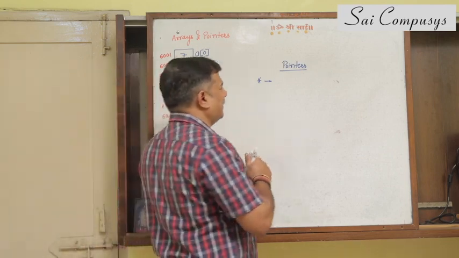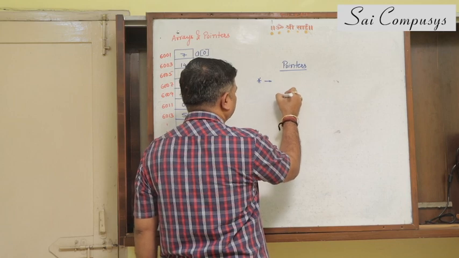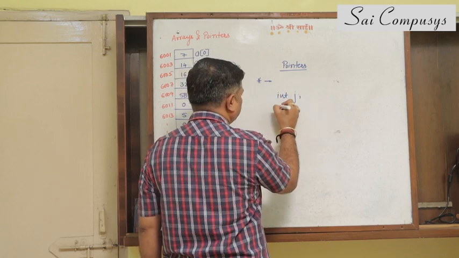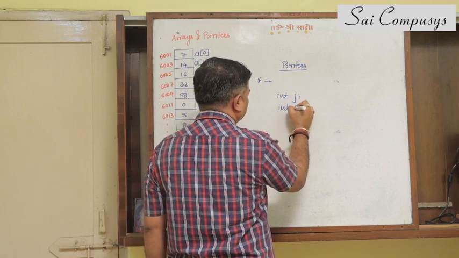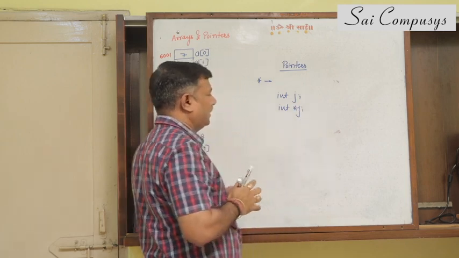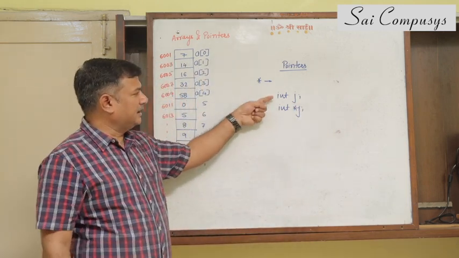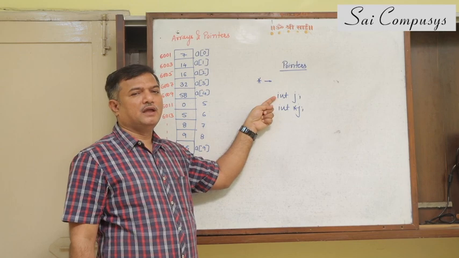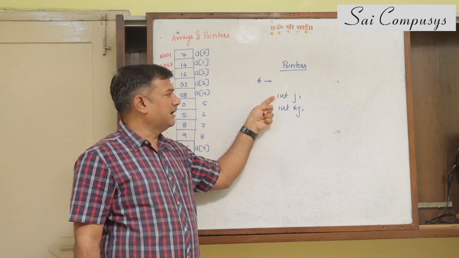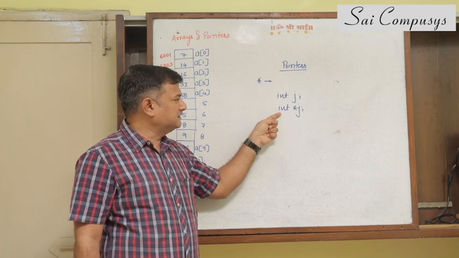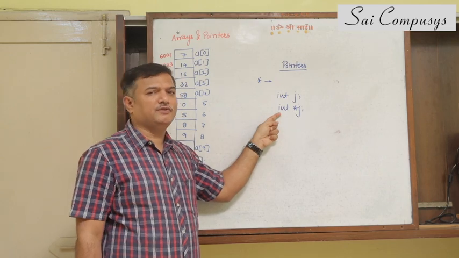In pointers, we have learned this declaration, int j and int star j. Both of them declare variables for you. This creates an integer variable. This creates an integer pointer variable.